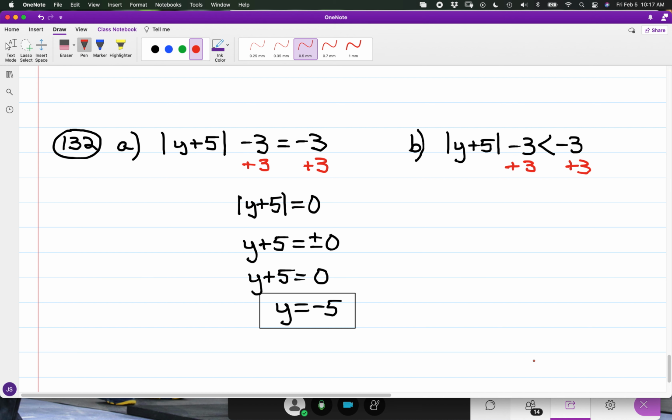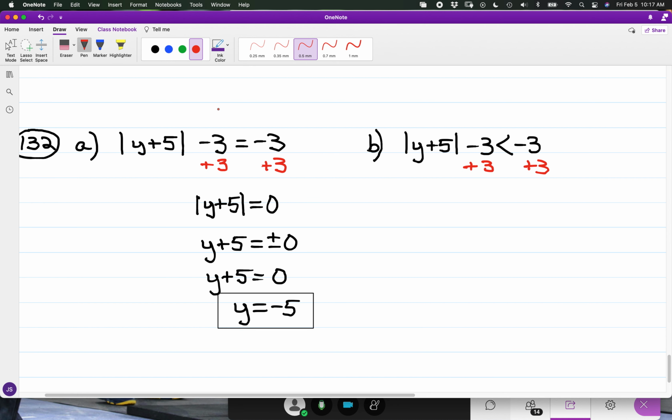And if I add 3 to both sides, once again, on the left we're going to have the absolute value of y plus 5, and we're trying to get this such that the absolute value of y plus 5 is less than 0. Well, guess what? Again, the absolute value of an expression cannot be negative. And anything that is less than 0 is negative.